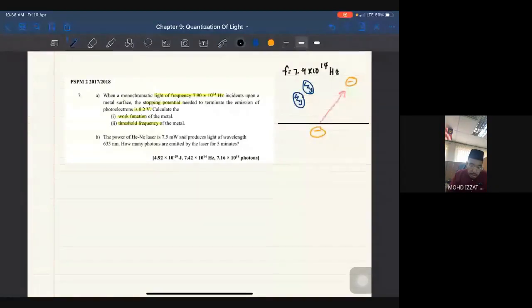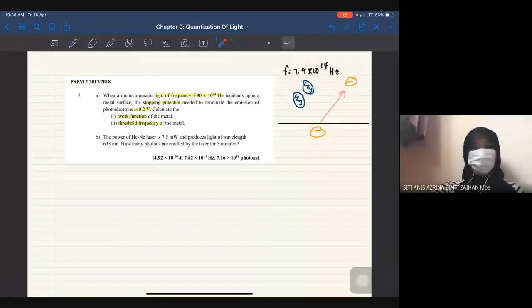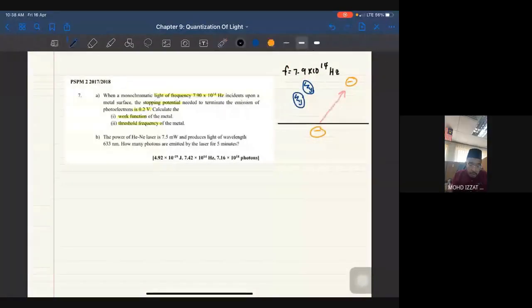Okay, and then it says the stopping potential to terminate the emission of photoelectrons is 0.2 volt. So where do you want to write it? Down here or up here or over here? Down. Okay, so normally students will write Vs down here because Vs basically depends on the work function, right? But it actually depends more on the incident light. How much energy comes in, how much energy comes out. It is actually the energy coming out. So you should write Vs here, because eVs equals Kmax.